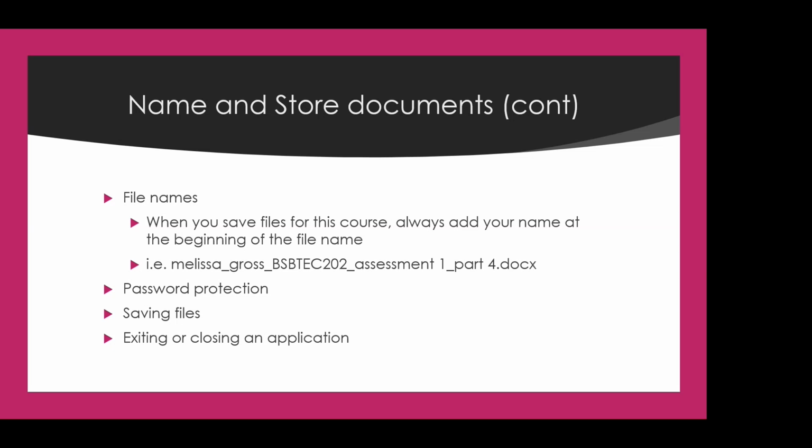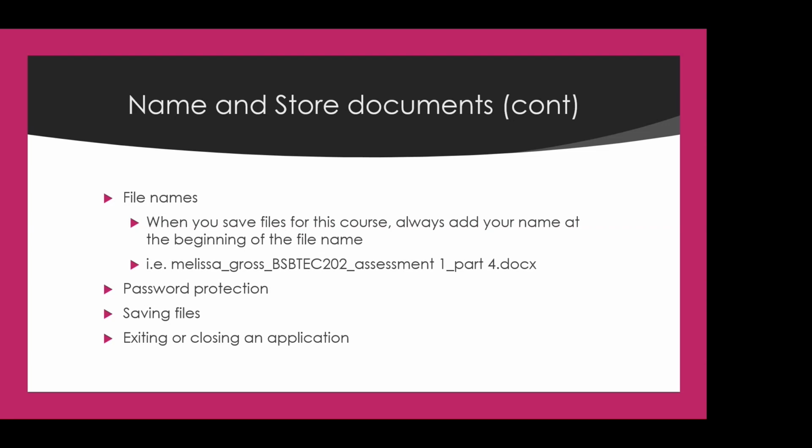Okay. So then you save files, and after you save your file, you exit it. Now, there are some issues with saving files that I want you to be aware of, and I'll show them to you next week. When you're working in Microsoft Word, first of all, if you're working in Teams or you're working on the web, your work is going to automatically be saved.